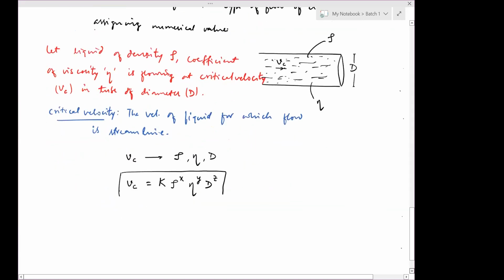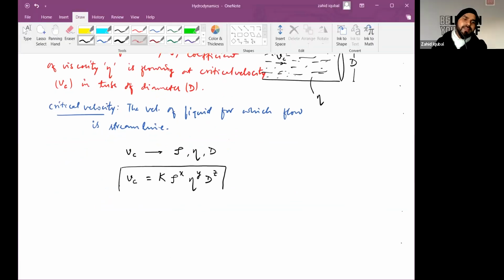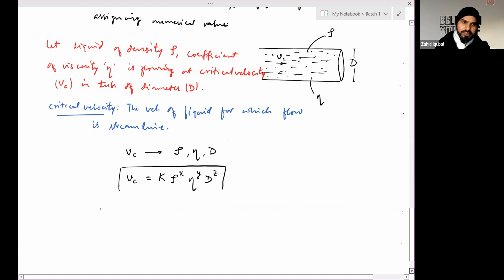Now, write the dimension of each term on both sides. On the left-hand side, we have velocity, which has dimension M^0 L^1 T^-1. K is a proportionality constant, so it is dimensionless; neglect it. Rho is density, which is mass by volume, ML^-3, raised to x.